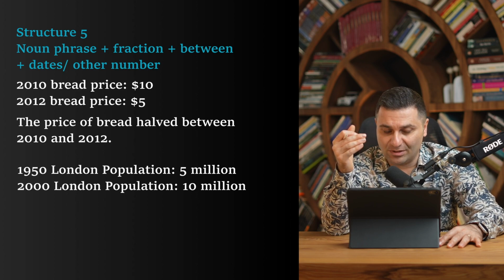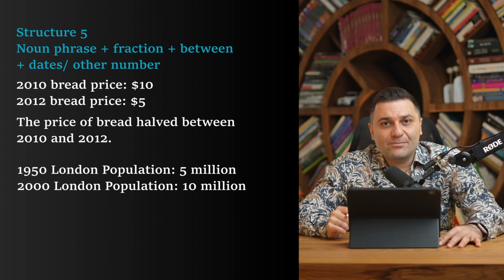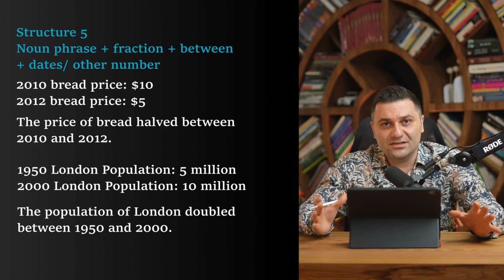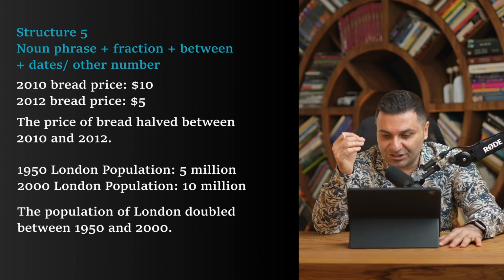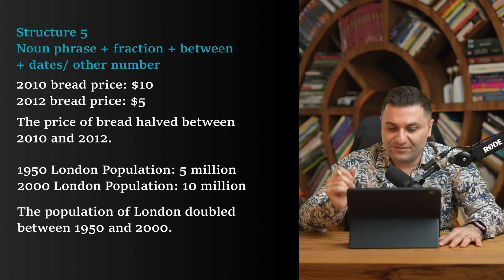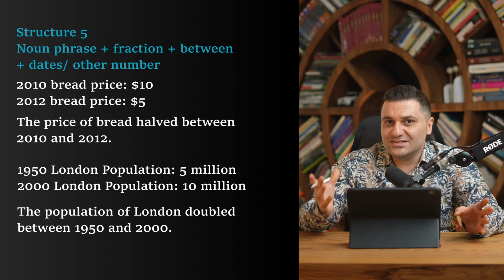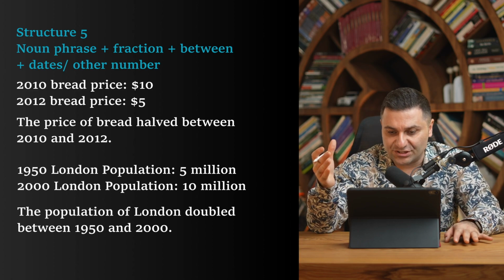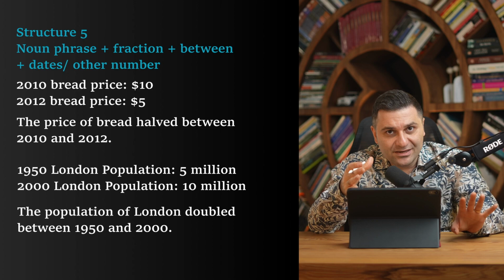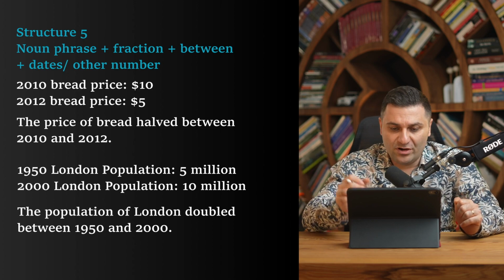All right, it is doubled. So we can write an example like this: the population of London, which is our noun phrase, doubled, which is our fraction, between 1950 and 2000. So this is our simple structure here. We have a noun phrase, then we have a fraction, and then we have "between", and after "between", we have dates or other numbers. All right, that's the end of today's part.